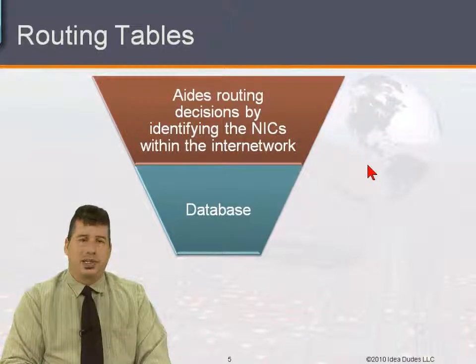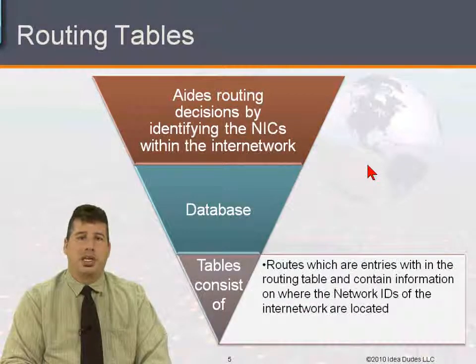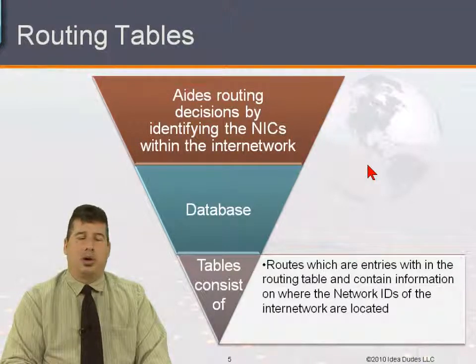So it's a database, and the database keeps track of those network interface cards and where they're located with IP addresses. The table consists of routes, which are entries within the routing table that contain information on where the network IDs of the internetwork are located.